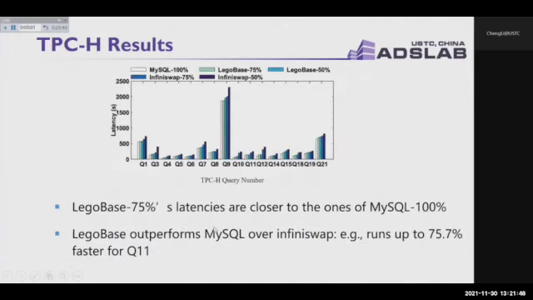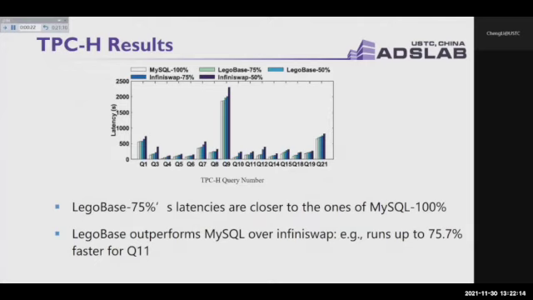If we move to TPC-H, which is the analytics workload, we also observed a similar trend as for TPC-C. We again deploy MySQL with all local buffer, and also deploy InfiniSwap in different memory settings. This memory represents how much we cache locally, similar to LegoBase.